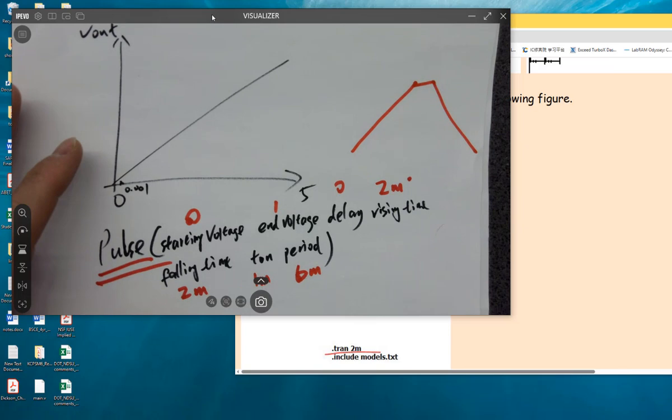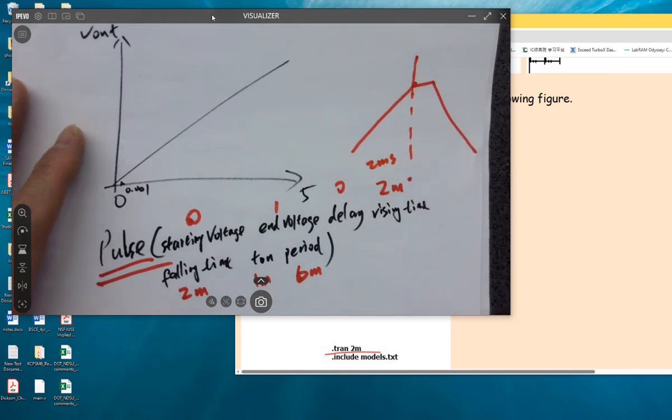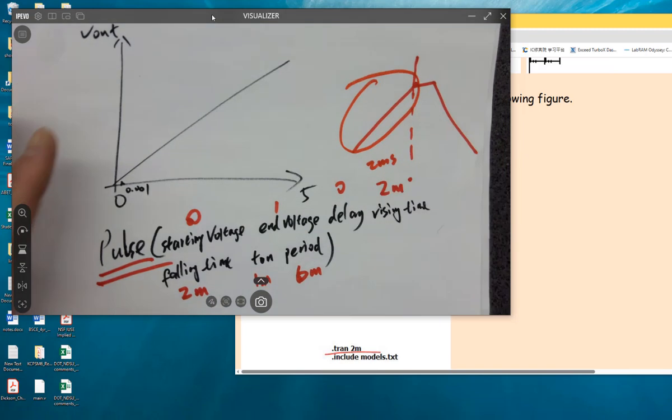Okay, a pulse. Looks weird. And then we only simulate it for 2 milliseconds. So we are basically forming an input ramp. It's a linear ramp for the simulation. In that case, you are able to input a linear voltage sweep in time.